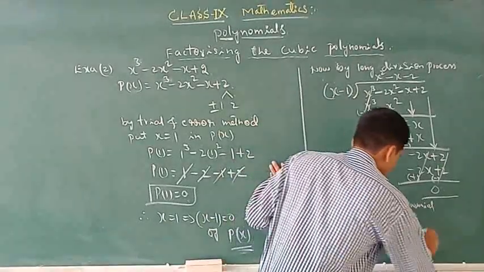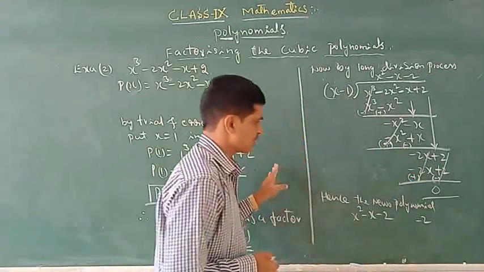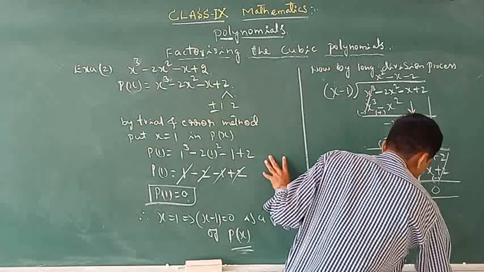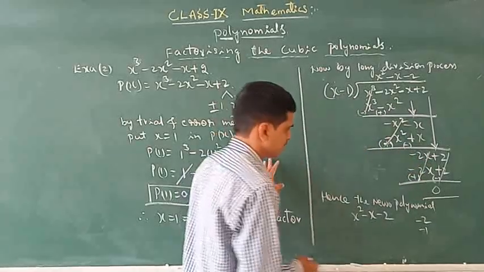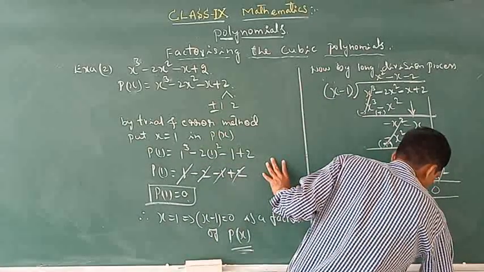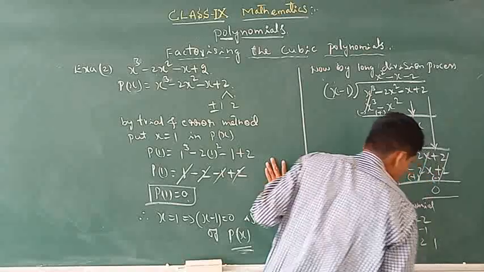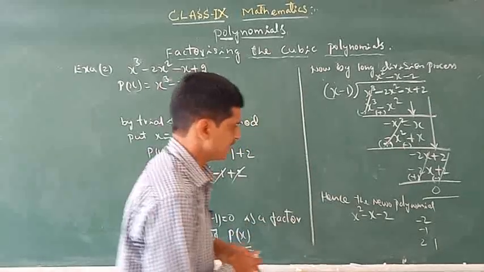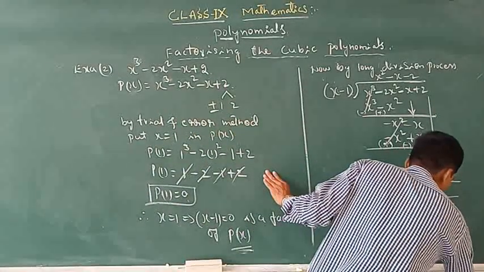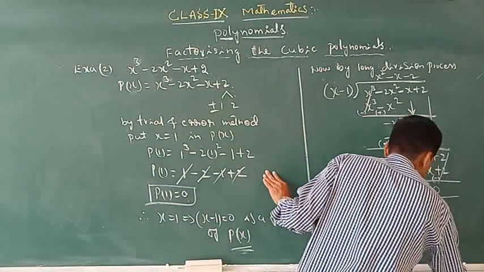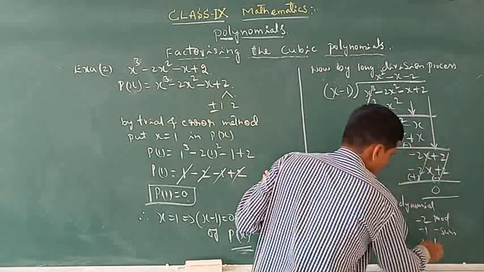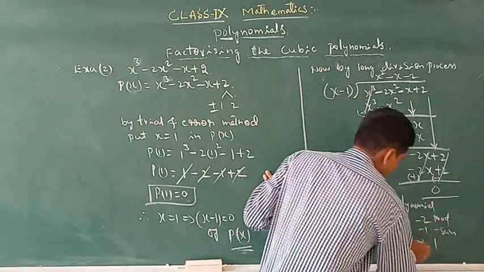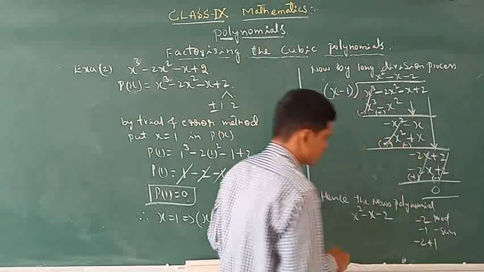By the splitting method, the last term is minus 2 and the middle term is minus 1. The product is 2 and 1, and the sum is minus 1, so minus 2 plus 1.